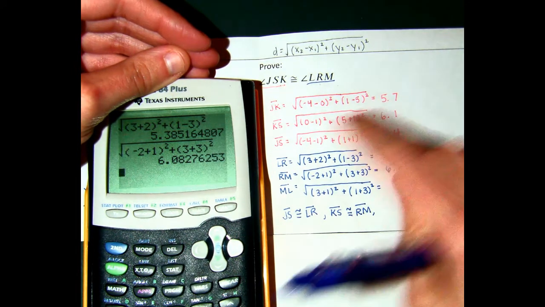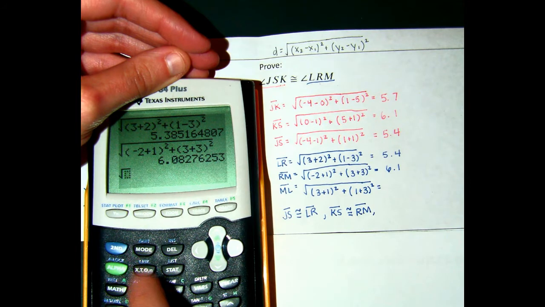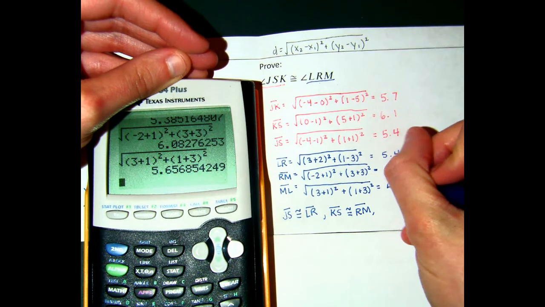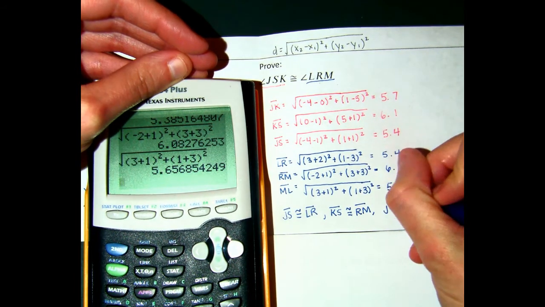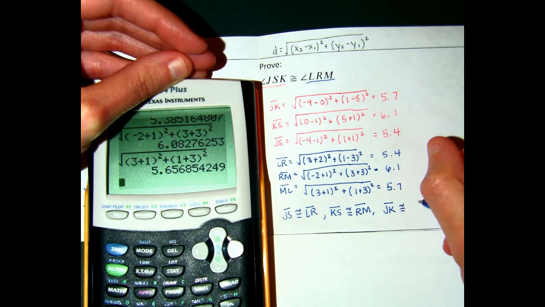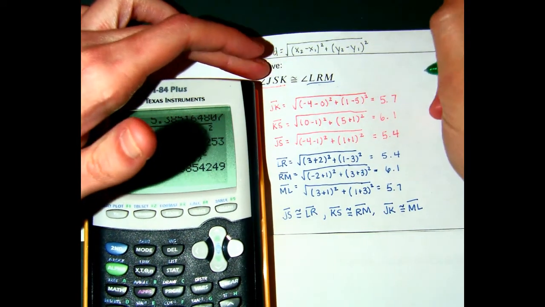All right, and ML, hopefully it should be 5.7, come out like JK. 3 plus 1, I need parentheses. 3 plus 1 squared plus 1 plus 3 squared is 5.7, just like JK. So last I have JK is congruent to ML. All right, using these statements here, we are supposed to prove something.